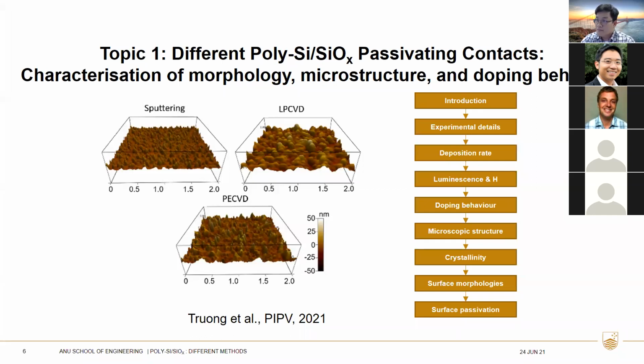This is the outline of the work here. We start with the introduction and then experimental details. We will compare the deposition rate from different methods, and then we compare the luminescence properties and hydrogen content, and then the doping behavior, microscopic structure, also the crystallinity and surface morphologies, and finally the surface passivation.